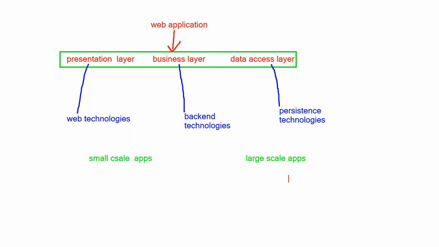Okay, very good. So Python will be used for developing both small scale and large scale applications. Not only that, Python will be used for developing applications using data science, artificial intelligence, machine learning, data analysis, data analytics.